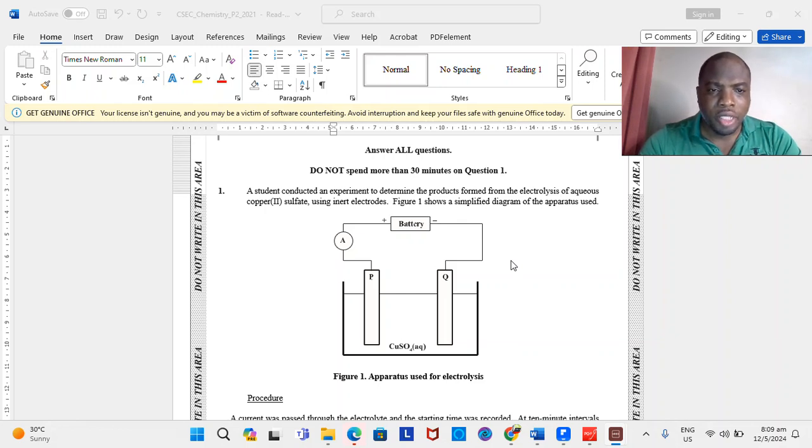Now, it says a student conducted an experiment to determine the products formed from the electrolysis of aqueous copper 2 sulfate using inert electrodes. Figure 1 shows a simplified diagram of the apparatus.